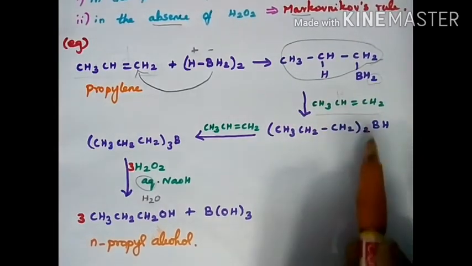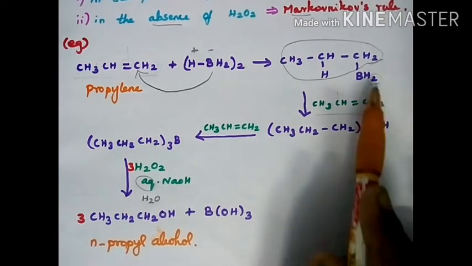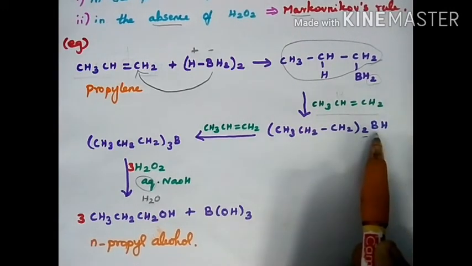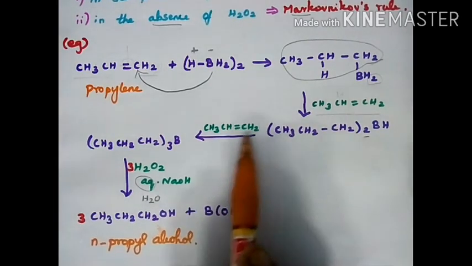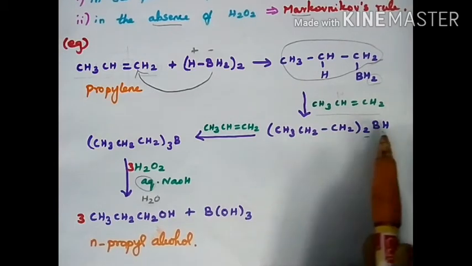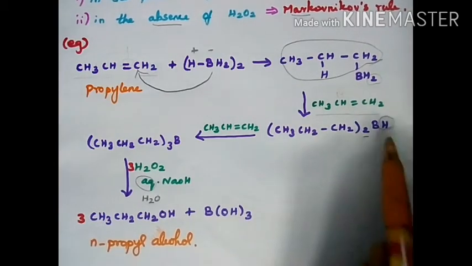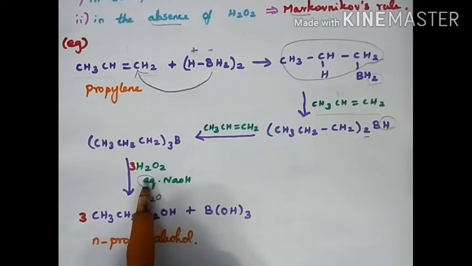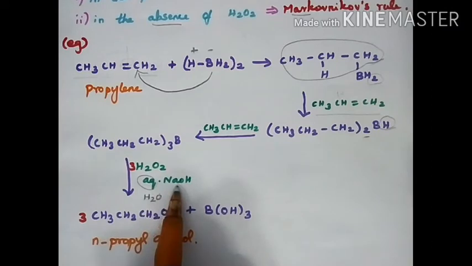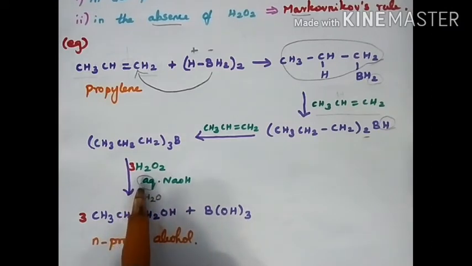We are adding another one, so it becomes twice, by removing one hydrogen, so BH. Add another, because we have 3 hydrogen, so another CH3, CH2, CH2 group is there. By removing this hydrogen, we get this, followed by H2O2, hydrogen peroxide, aqueous NaOH. An oxidation reaction takes place here.